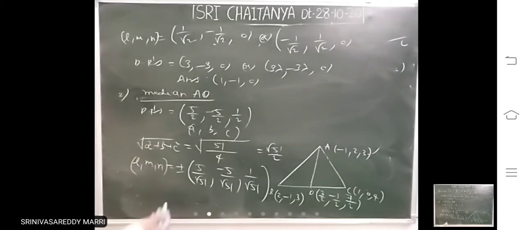So therefore, if plus is taken, you will get one dr, one dc. If minus is taken, you will get another dc.